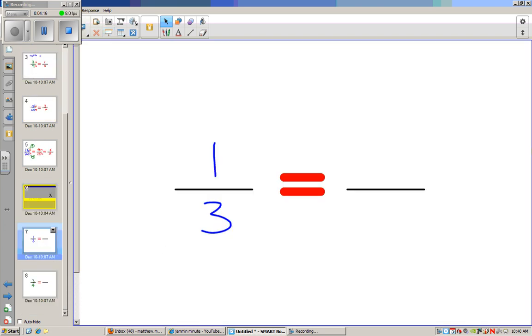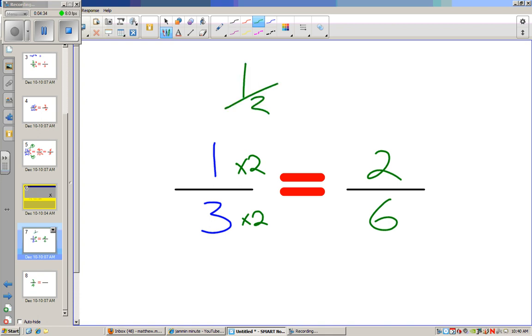So same thing I'm going to go with. Equivalent fractions. I want to make a bigger one. Well, I'm going to go really simple the first time. I'm going to multiply the top and the bottom by 2. So 1/3, 1 times 2 is 2, 3 times 2 is 6. There's an equivalent fraction. That means 1/3 is the same as 2/6.